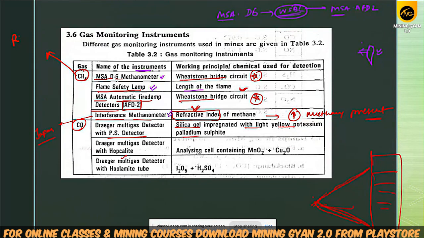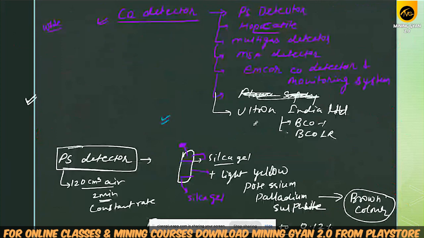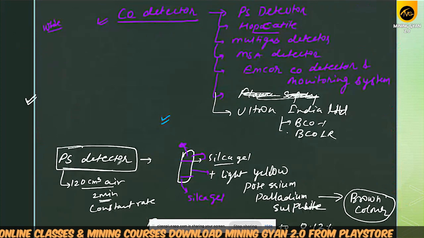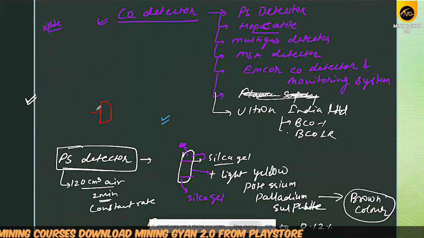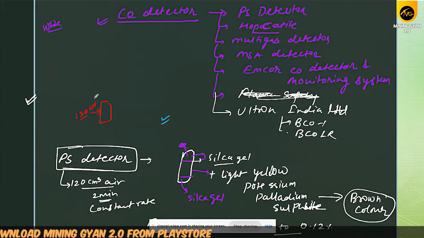Multi-gas detector, Hopcalite, we have seen. We started from the PS detector, where up to 120 cubic centimeters of air in 2 minutes at a constant rate we flow through this instrument.